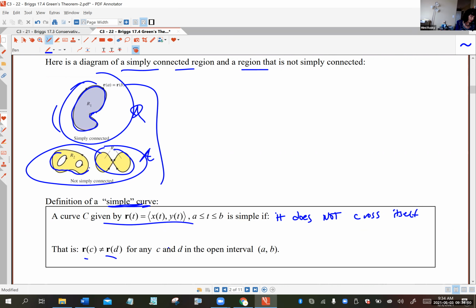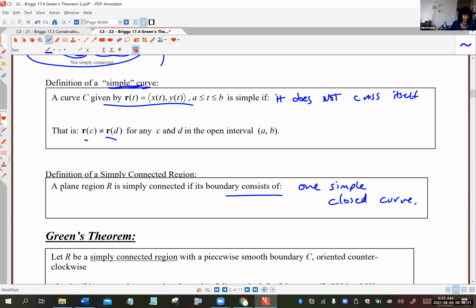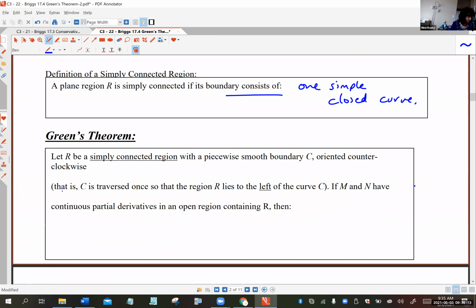This thing here, the one that's got holes, he's got 3 different curves that make his boundaries. The outside, and then two curves around those inner holes, because those holes are considered boundaries, if you will. And then this guy, his curve crosses itself, so it's not simple. Okay, now you're ready for Green's.